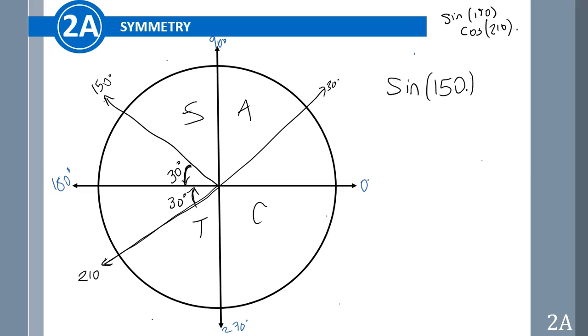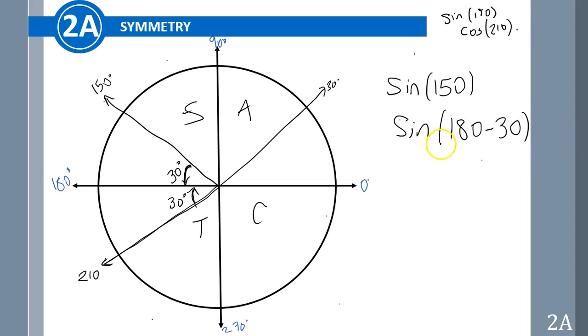I need to figure out where the closest horizontal is. I've got a horizontal at 0 and at 180. It is closest to 180. So I'm going to change this from 150 to 180 minus 30, because if I took 30 away from 180, I would get 150.